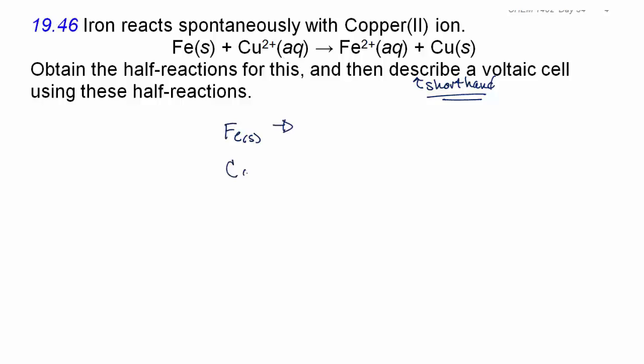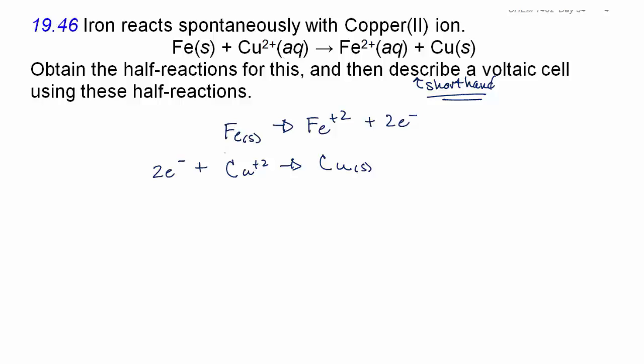Copper plus 2 goes to what? Well, iron solid goes to Fe plus 2. Balance it. We need 2 electrons over here. Copper plus 2 goes to copper solid. Balance it. Now we need 2 electrons on the reactant side. We have 2 balanced half reactions.